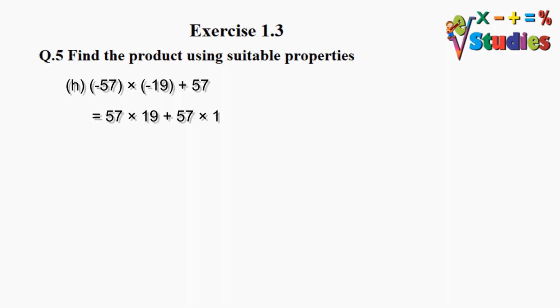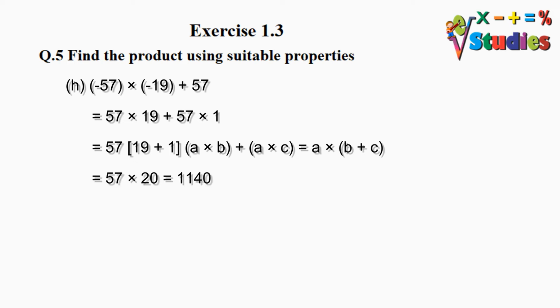Here we have removed the negative sign of 57 and 19 because both the integers were negative, and as a result the answer would be positive. So therefore the sign has been removed. Now it is a situation like a multiplied by b plus a multiplied by c, taking common 57, 19 plus 1. So 19 plus 1 would be 20 multiplied by 57, and that will give us answer 1140.